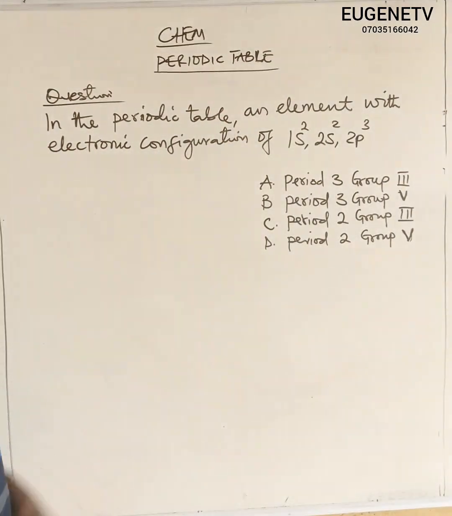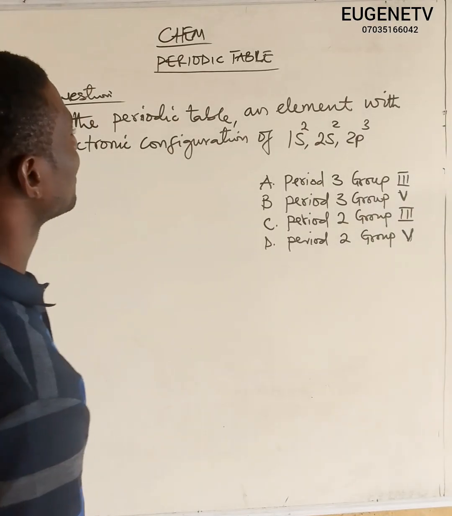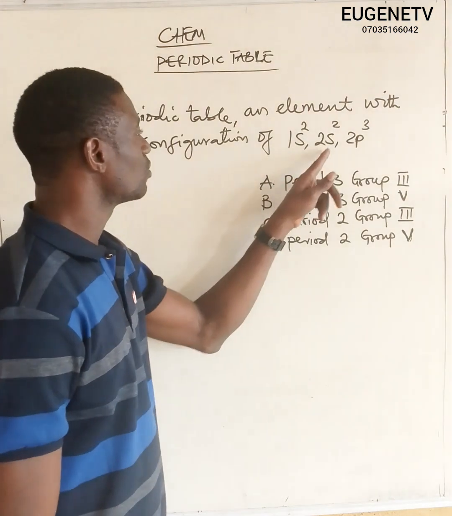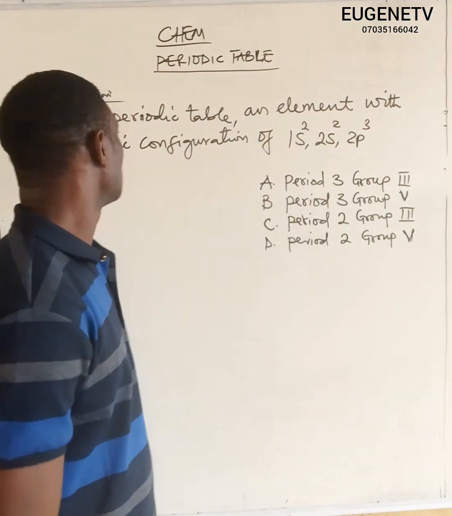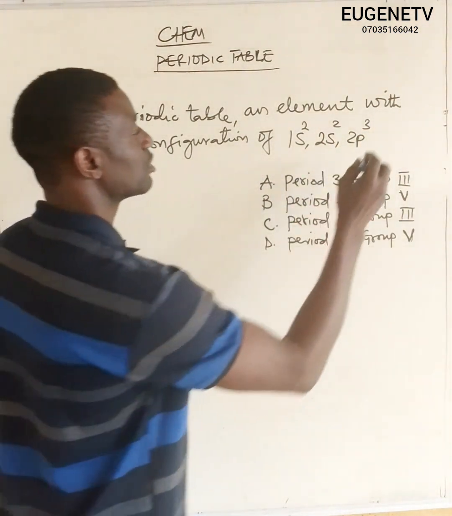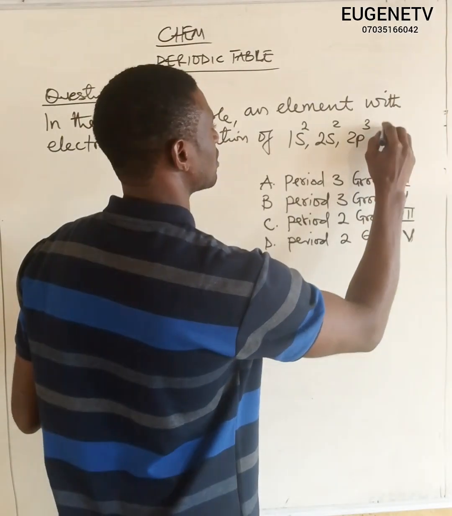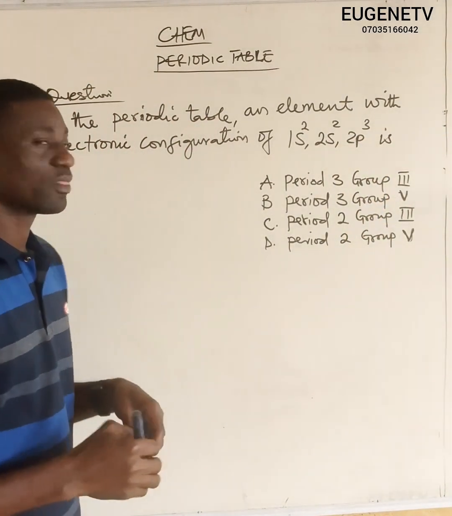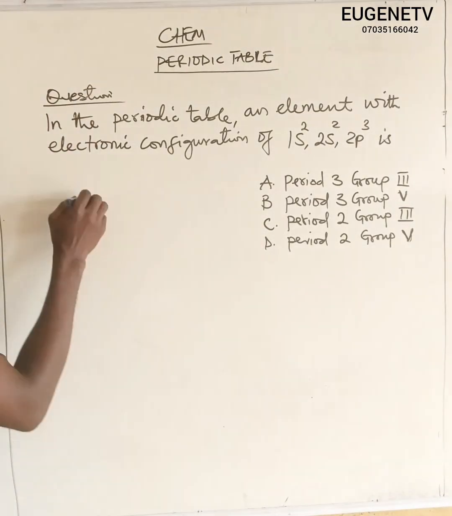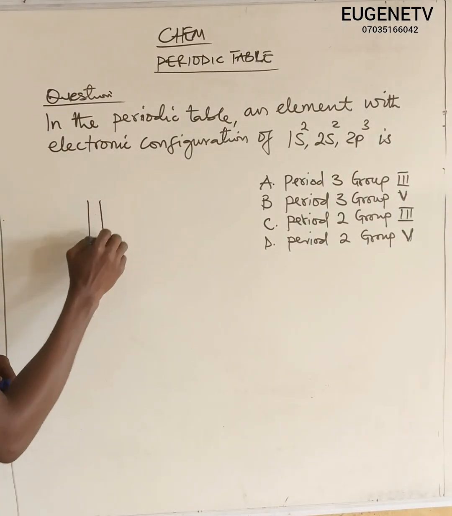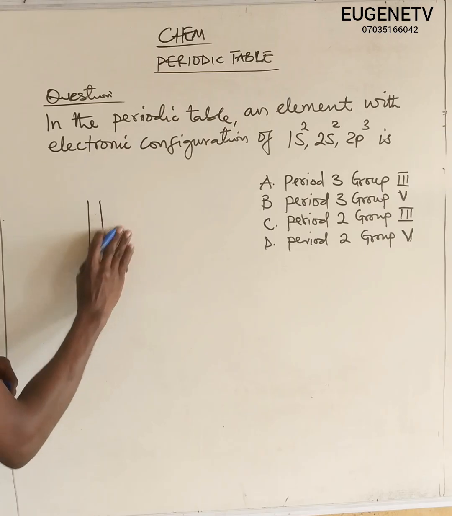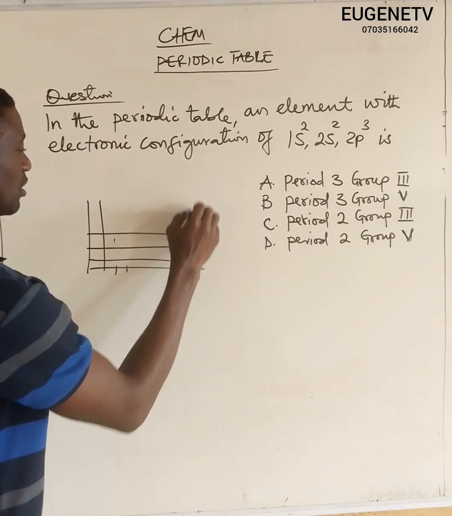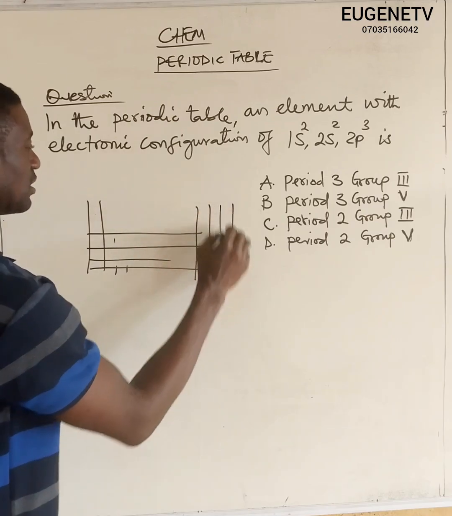So the question says: in the periodic table, an element with electronic configuration 1s2, 2s2, 2p3 is in which group? The periodic table is a tabular arrangement like this.